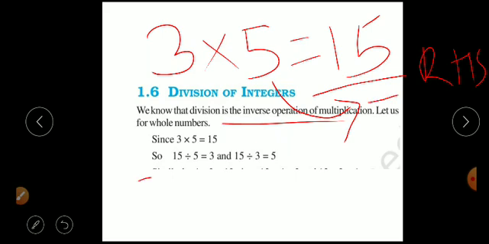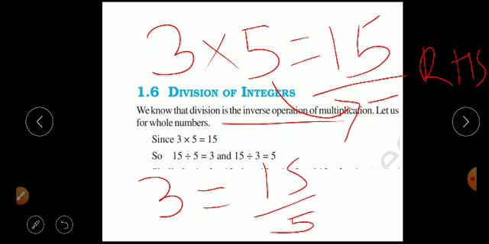Here it becomes 15, and when 5 goes to the right hand side, it comes in the denominator. So what will be the result? 5 into 1 is 5, 5 into 3 is 15. So left hand side will be equal to right hand side. So this is the rule of division.